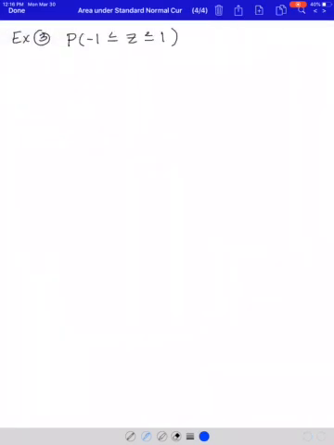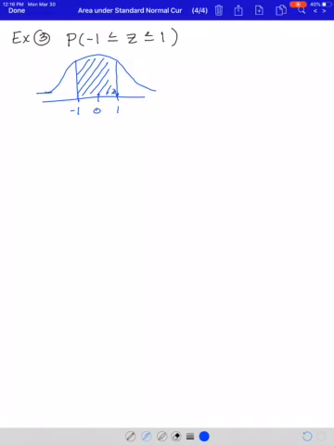So let's look at this third example. We're going to find the probability that z is between, so here's 0 in the middle, and we want z to be between -1 and +1. So finding this probability is the same as finding this area. And how are we going to find this area?